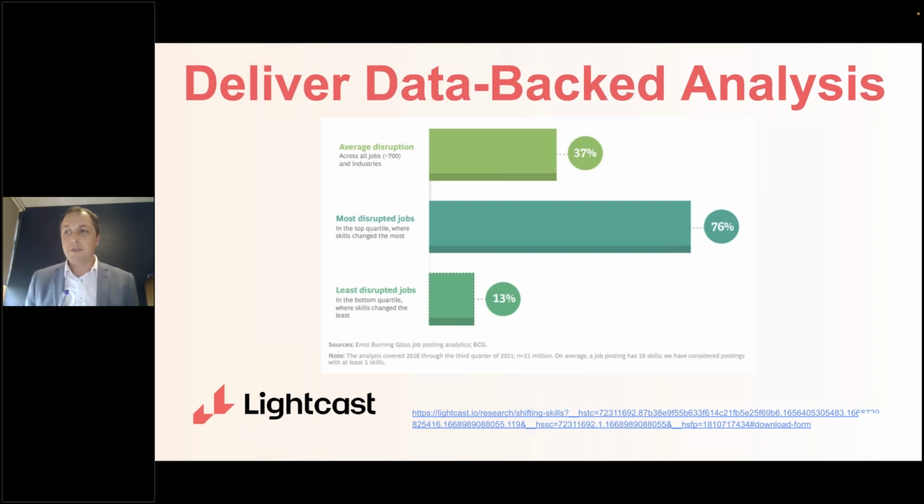In using our job feeds, it was found that between 2016 and 2021, the average job changed in terms of the skills being sought after by the employers by 37%, whereas the most disruptive job changed by 76%. Just for reference, that most disruptive job was data engineers, which are clearly changing very, very rapidly. The least disruptive job there at 13% from memory was mystery shoppers, which are fairly similar to what they're doing and have continued.